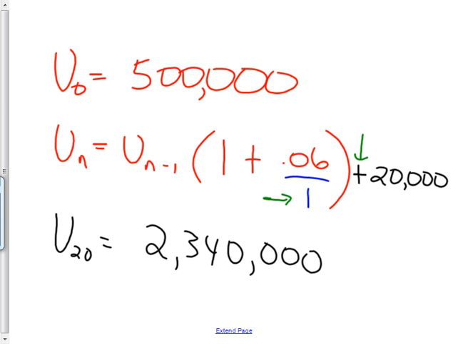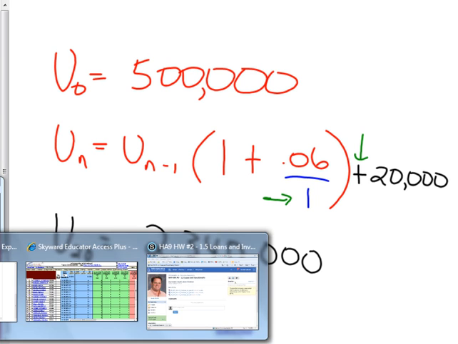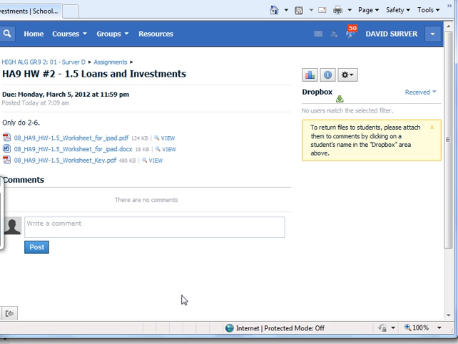And your actual homework is just 2 worksheets. If you go on Schoology, I'll show you what they look like. Going under here, there's 2 of them. This is one of them. It's homework number 2, and then that one, notice here, is really easy to miss this. Only do 2 through 6. Okay, so you're only doing part of this worksheet.